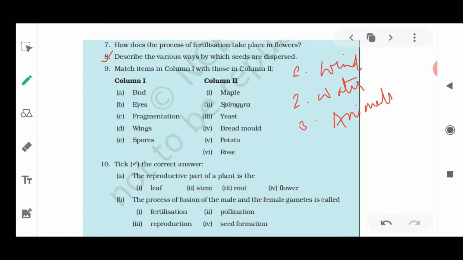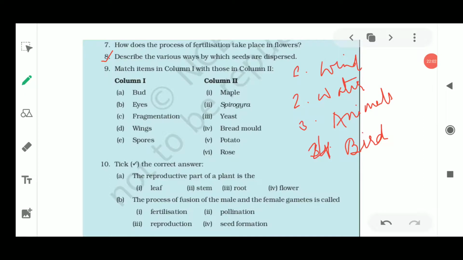Okay, so with the current of air, with the current of water, with the animals, these seeds are going to move. Then after that, what happens? The seed gets dispersed with the help of the birds also. So the next dispersing agent would be birds. The birds are going to eat the seeds and some of the seeds will be left out just like that.